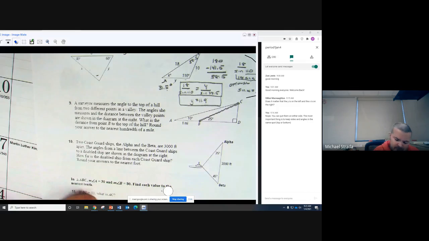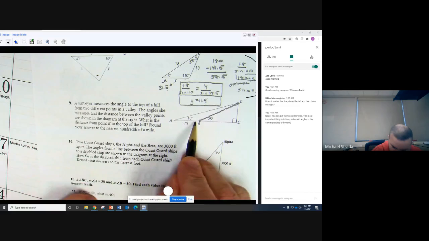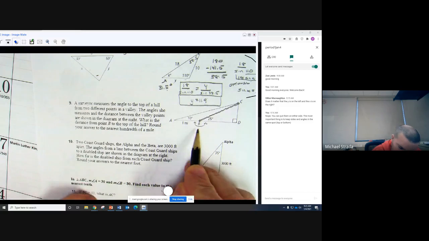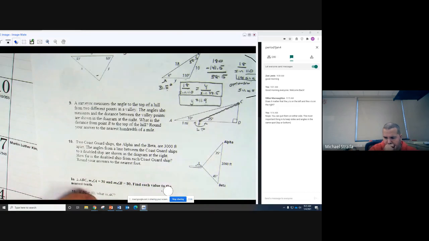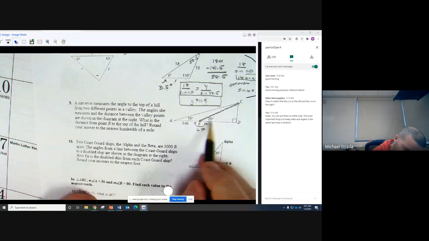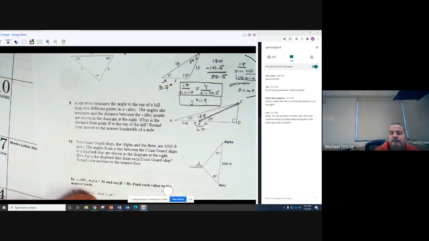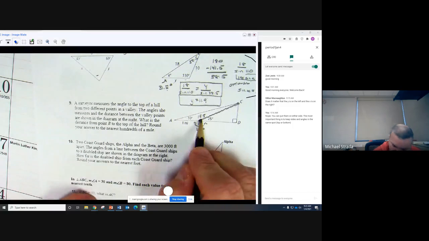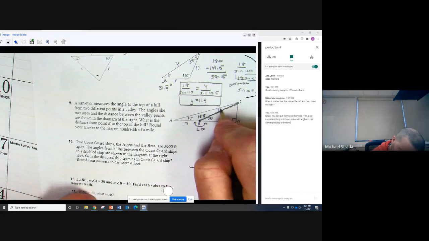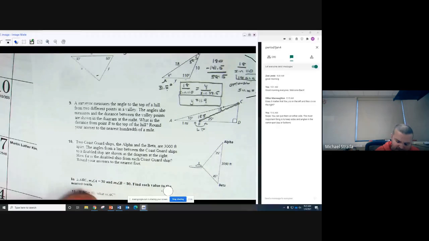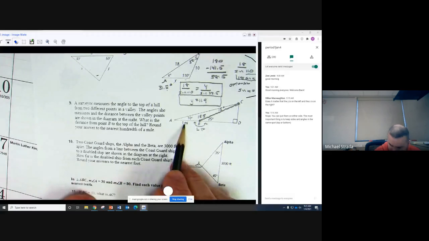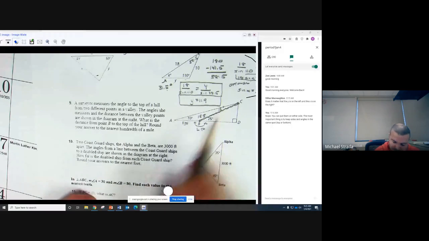These, ladies and gentlemen, of course, form a linear pair. So I'm going to subtract from 180 to get my 155 there. 10 and 155 is 165. It means that angle is 15 degrees. Why is that important? Because that's the one side length they give me, and I want to get the angle opposite it.